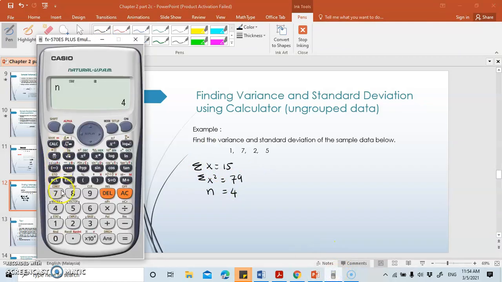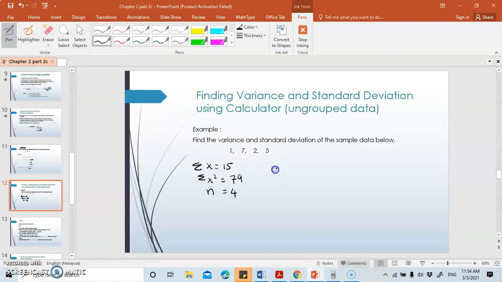Next step, even though we are using calculator right now, we still need to show the formula in our working. So always write formula in your working. So the formula is total x square minus total x square over n, divided by n minus 1.